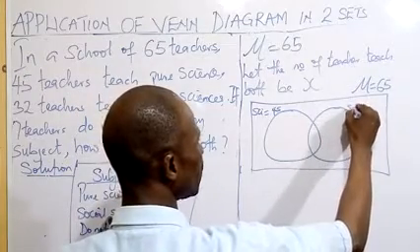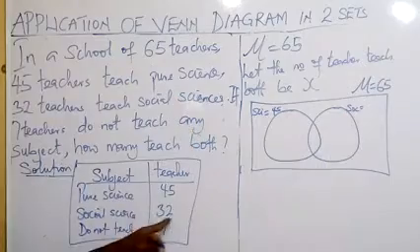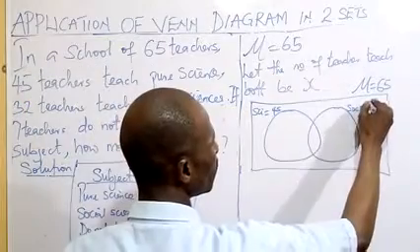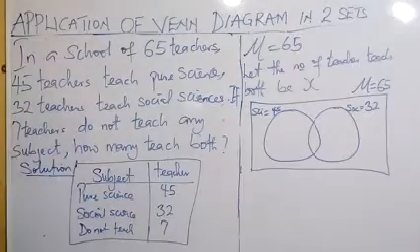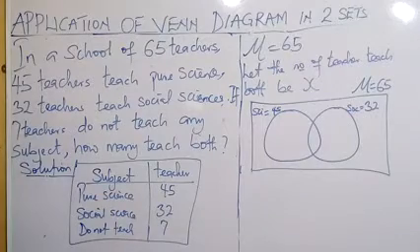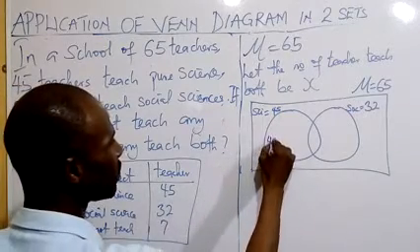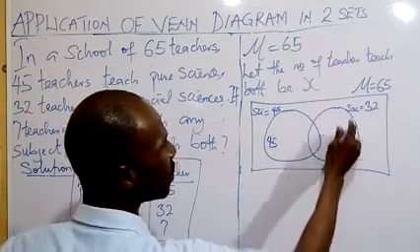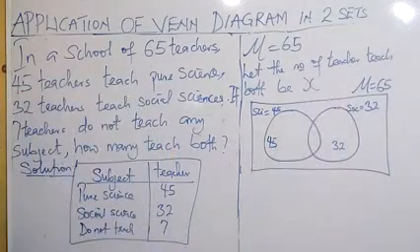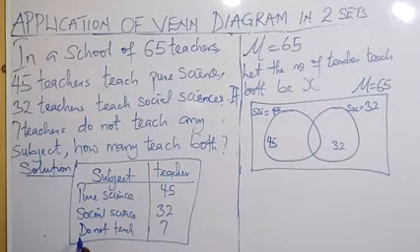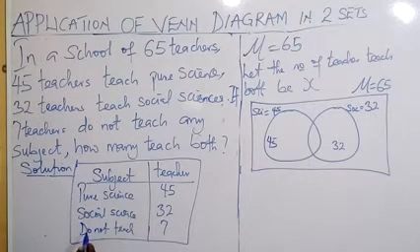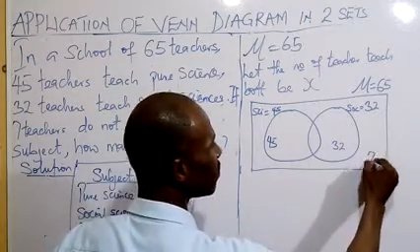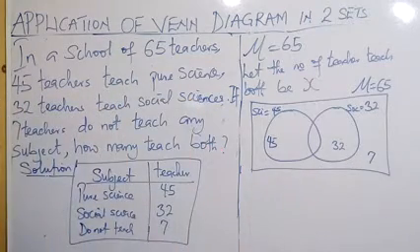That is social science, we have 32 teachers. So here we have 45 for science, 32 for social science. And the last one, the number of teachers that do not teach any subject, we have 7. You put your 7 here.